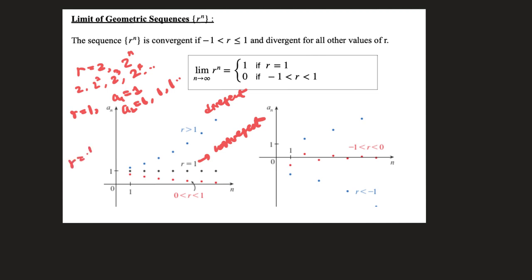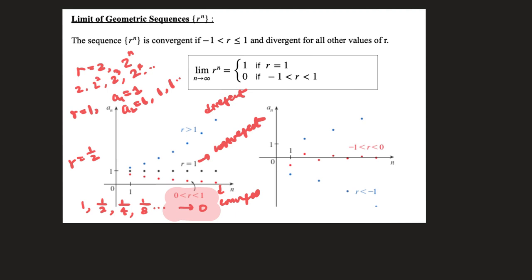Let's say R is 1/2. So the first term is 1, second is 1/2, third term is 1/4, fourth term is 1 over 8. What happened? This one is going to 0. So this one converges and goes to 0. Guys, make sense? I'm going to highlight this one: it converges, and the limit is 0.